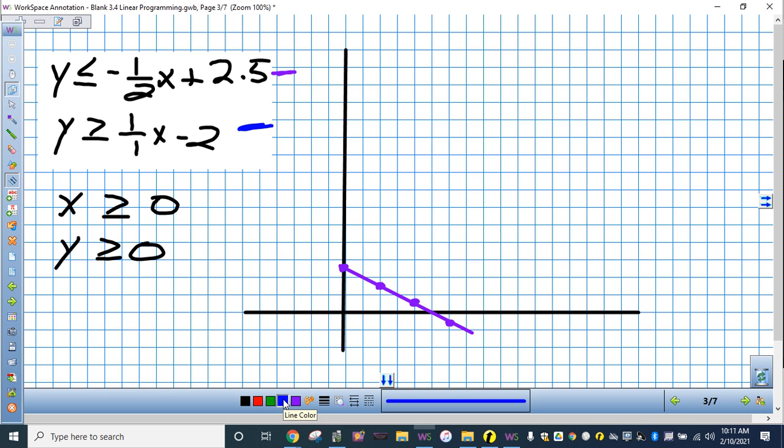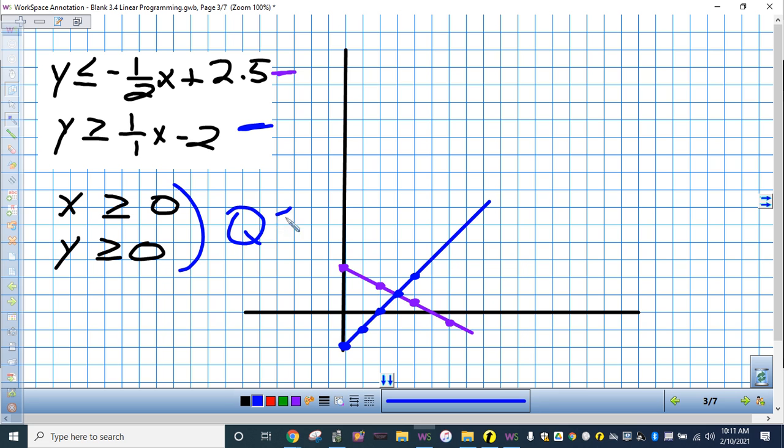So we're going to start at -2 on the next one. And we're going to go up 1, right 1. I like to go until I meet the other line, because sometimes that's an ordered pair that I need. And then I'm sure that I get the correct ordered pair. So these two right here force me into quadrant 1.